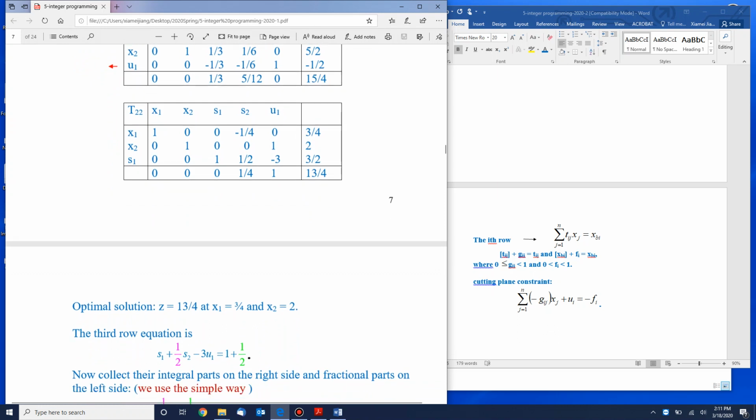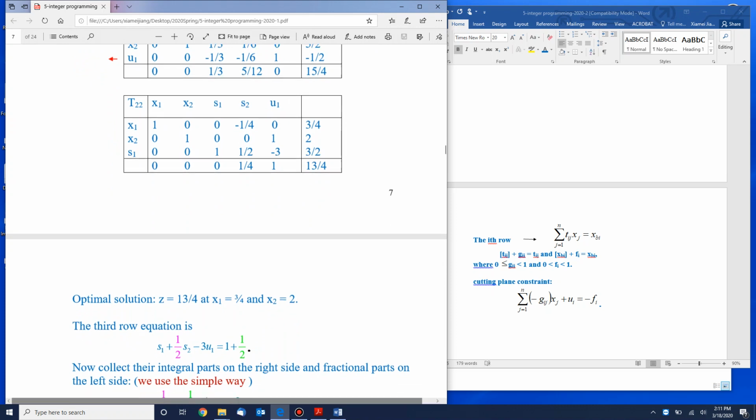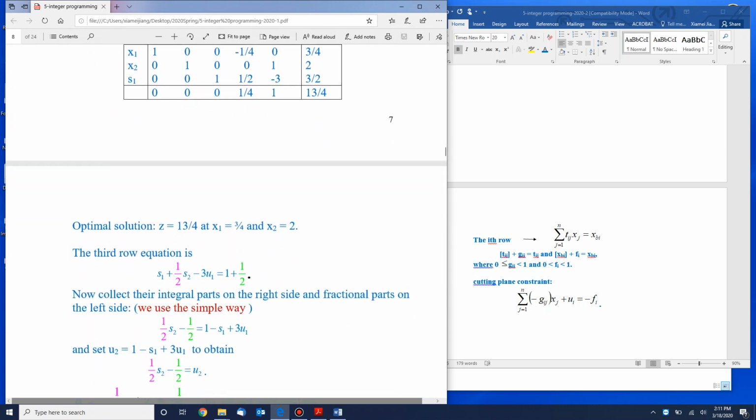So here this row gives us the equation s1 plus half s2 minus 3u1 equals 3/2. Then we separate those constants into the integral part and the fractional part, and now collect the integral parts on the right side and the fractional parts on the left side. That's the simple way we work on it. You don't need to remember the equations.